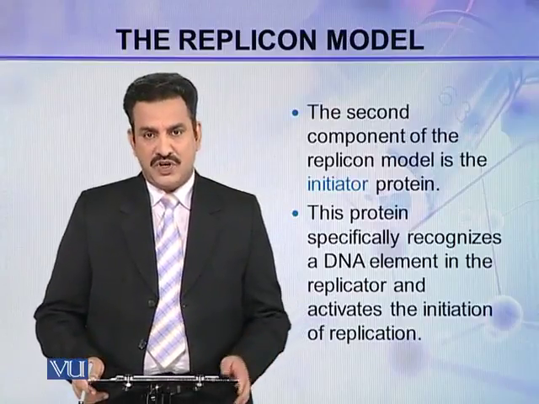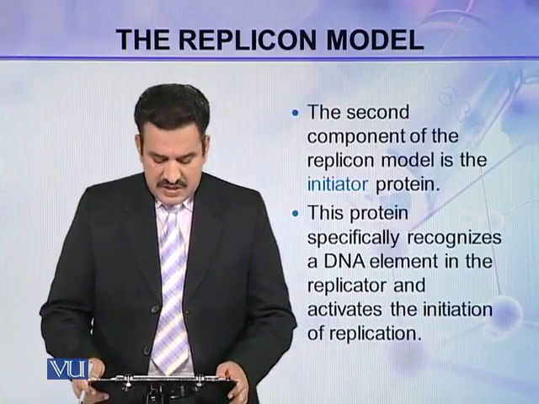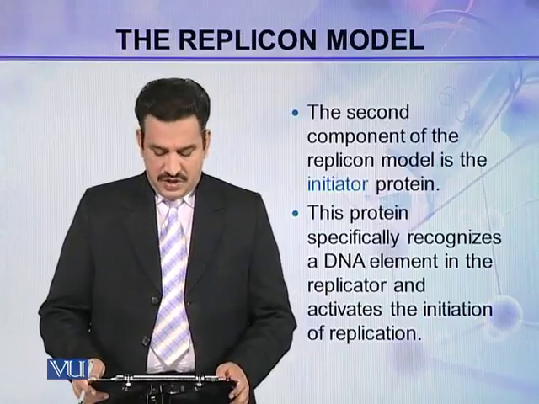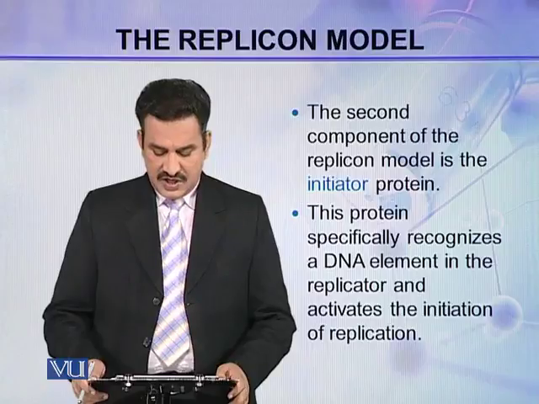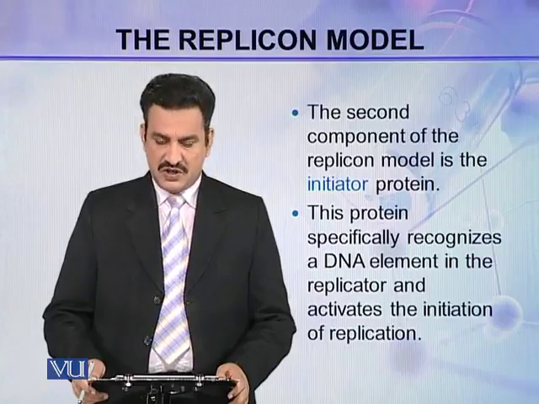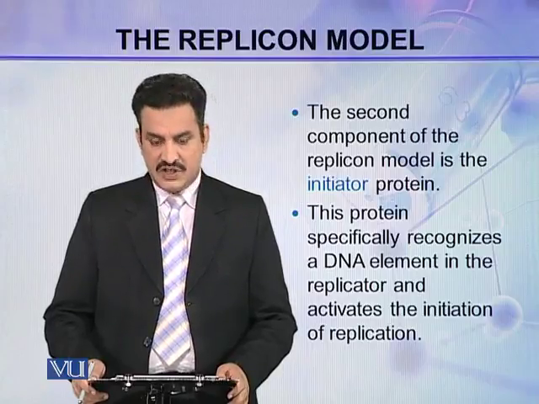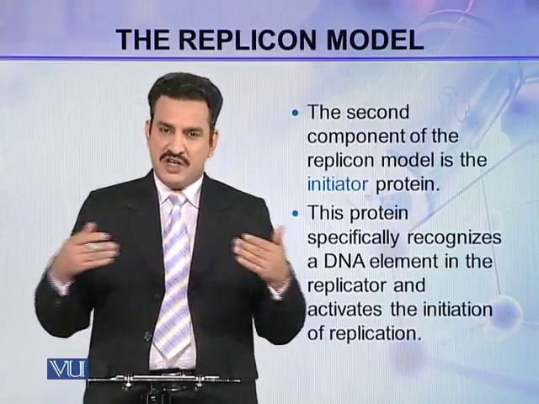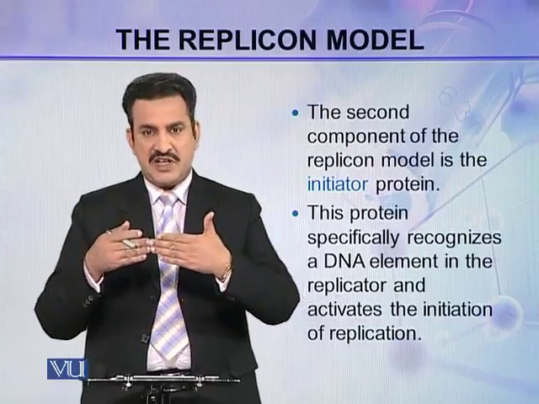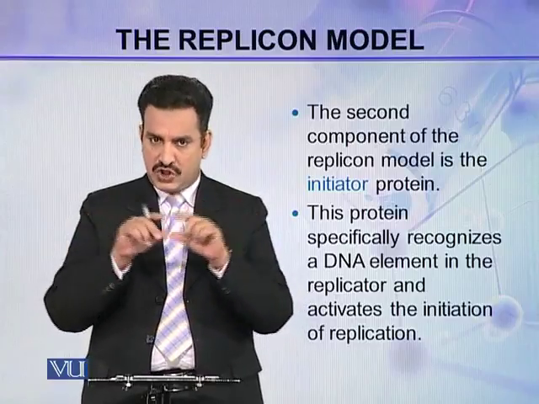The second component of the replicon model is the initiator protein. This protein specifically recognizes a DNA element in the replicator and activates the initiation of replication. So on a DNA molecule there is a replicator site, a specific sequence.